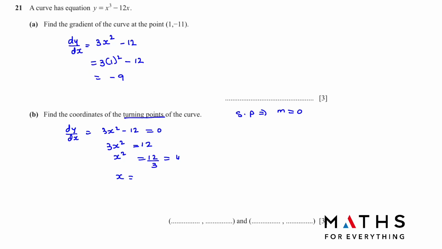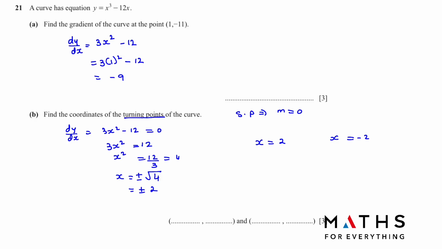Now to shift the square, we put square root. Whenever you write square root, you have to put a plus and a minus. So the answer is x is equal to plus or minus 2. We got two values of x, positive 2 and negative 2.